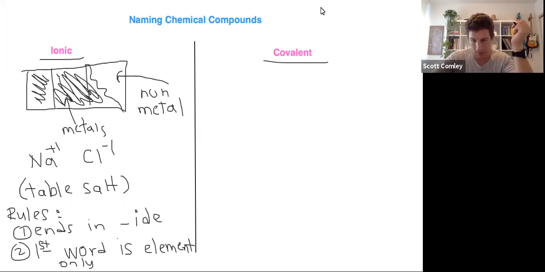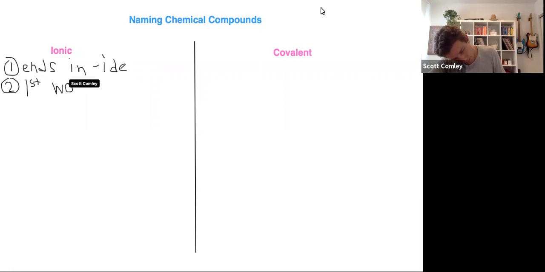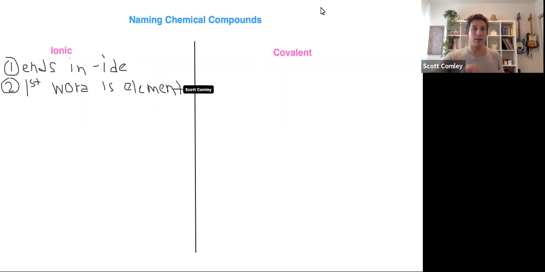So I'm going to clear this out and rewrite the rules. Ends in "ide." And another thing is the first word is the element. So let's do that first one I was talking about, sodium and chlorine.